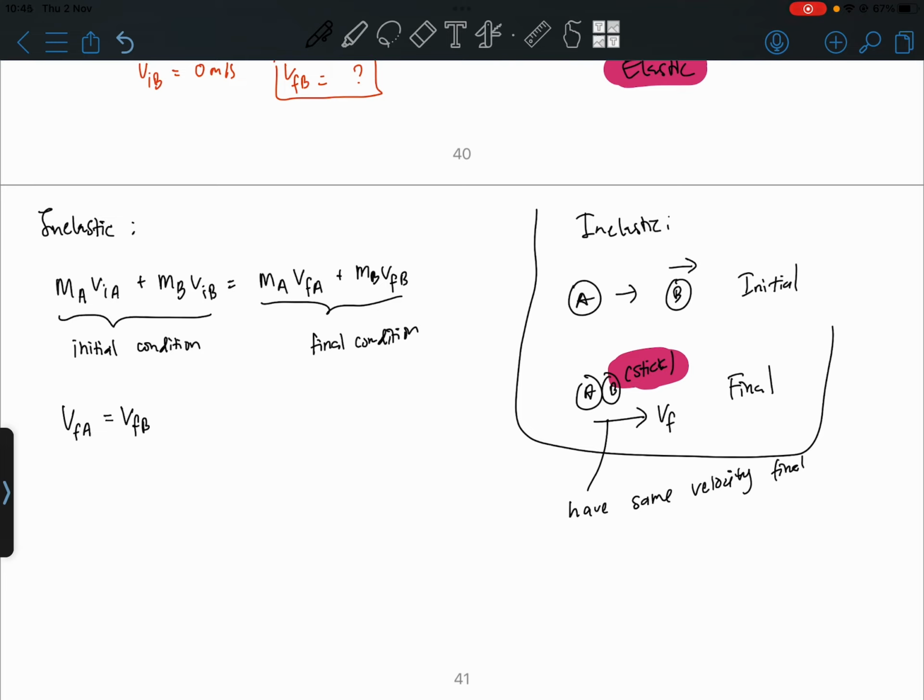So you can just imagine when you are running and you hold your friend's hand, which means you are running together. So logically, your velocity and your friend's velocity should be the same, because you are holding each other. You are sticking with each other.